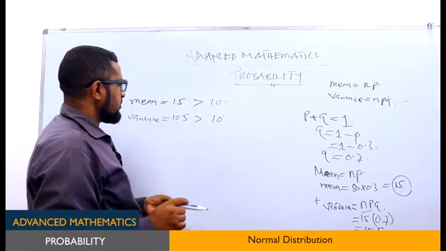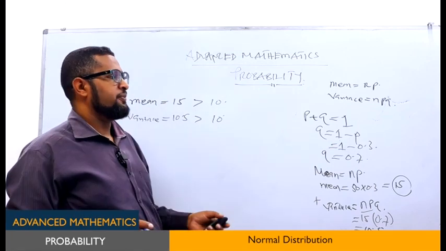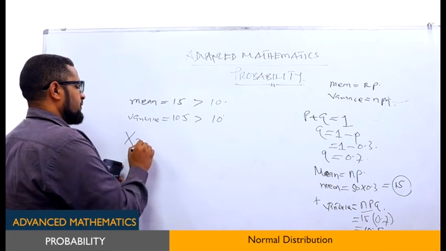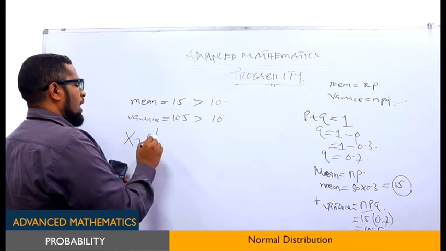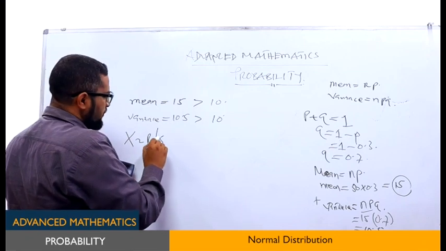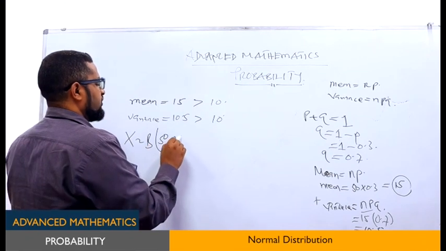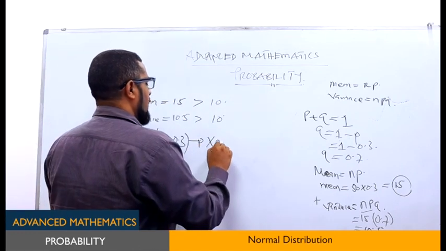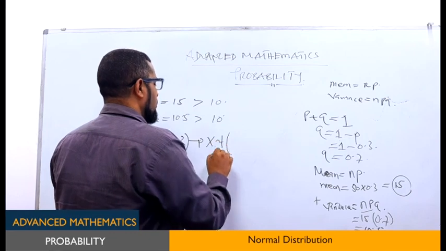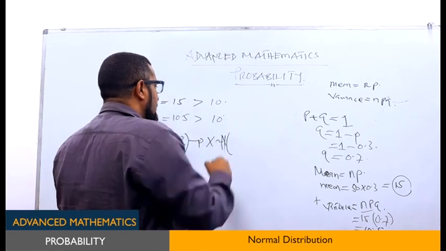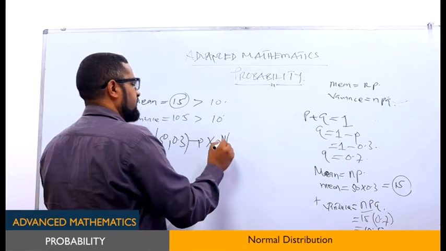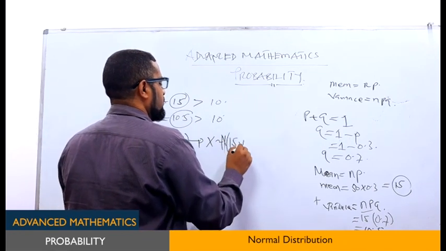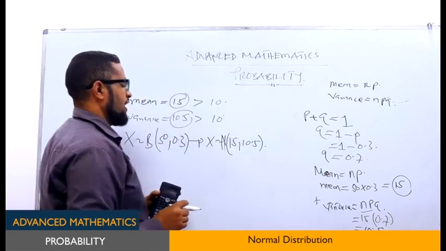Now, we approximate the binomial, whose variable had N of 50 and P of 0.3. This is the same as finding the variable approximately to the normal, but with the mean of 15 and the variance of 10.5.